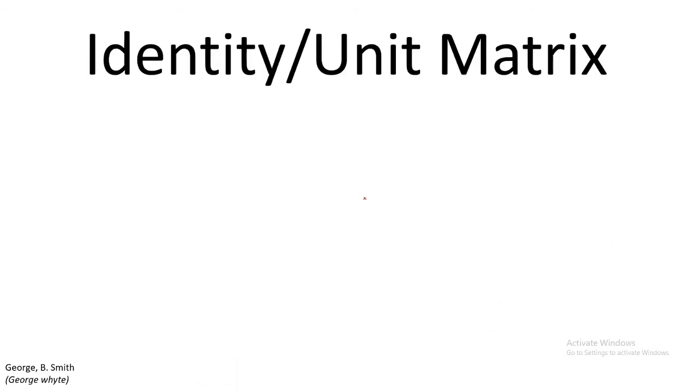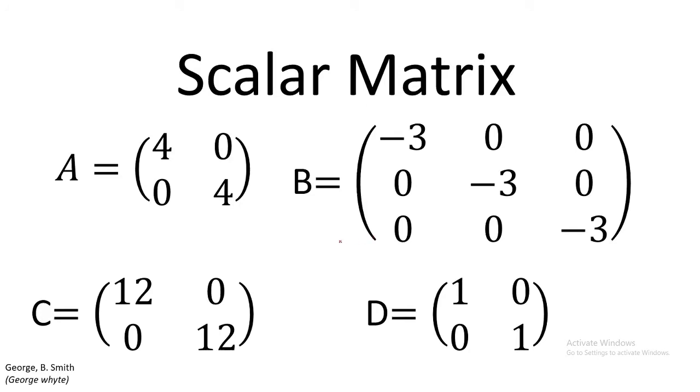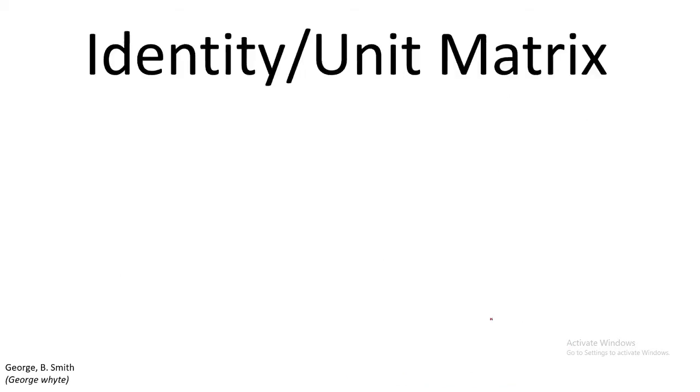Next we have this other example. This one is also a scalar matrix, but it leads us to the next type of matrix. You notice these elements are still the same, like all scalar matrices, but here they are all equal to 1. When all the elements of the principal diagonal are equal to 1, that leads us to the identity matrix, also called the unit matrix.